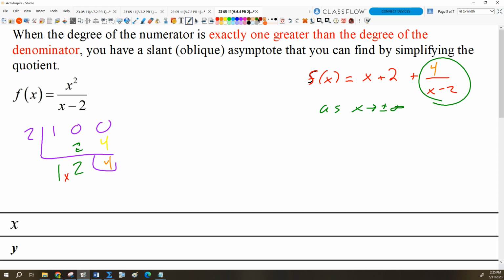As x gets really, really big in either the positive or negative direction, I'm going to get a huge number on the bottom. Doesn't matter if it's a huge positive or a huge negative number. 4 divided by an infinitely big number is 0, right? Because the bottom of the fraction is getting big, so the fraction is getting much smaller and approaching 0, right?